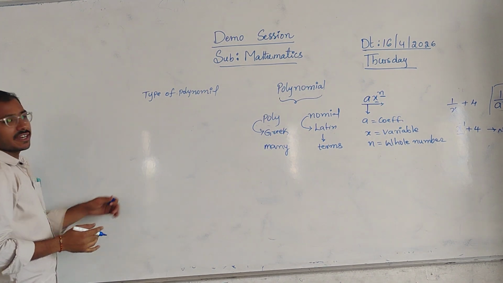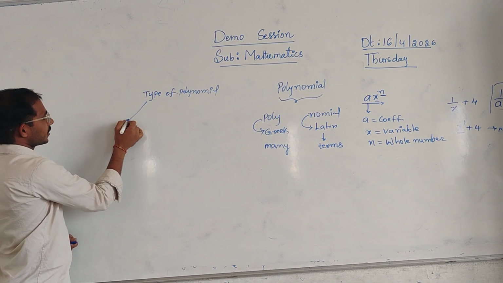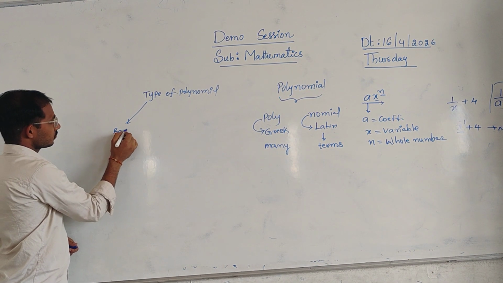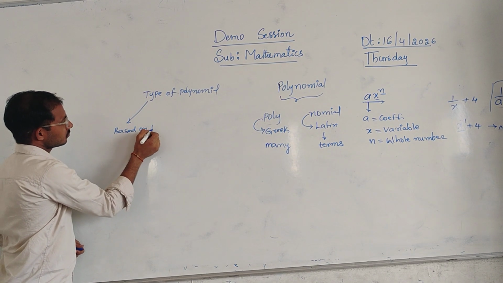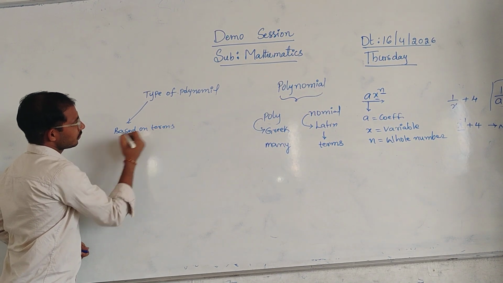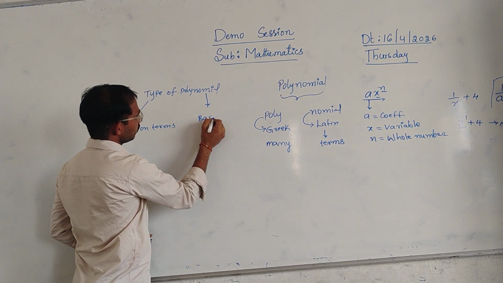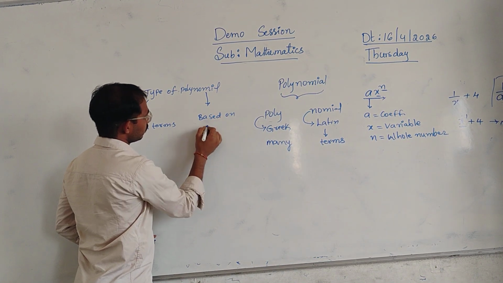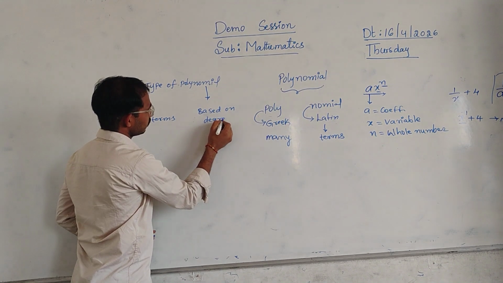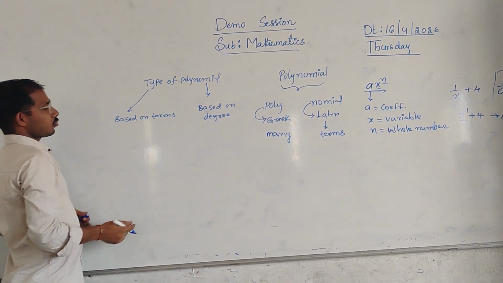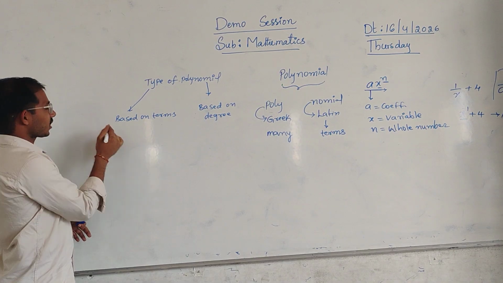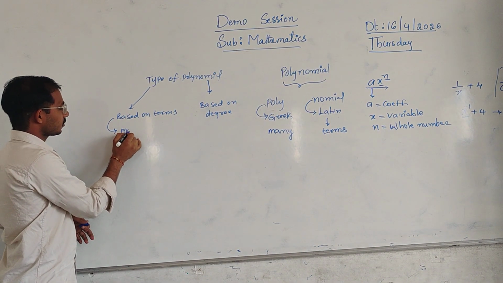Now look at the types of polynomial based on terms and based on degree. If only one term is there, we call it a monomial.